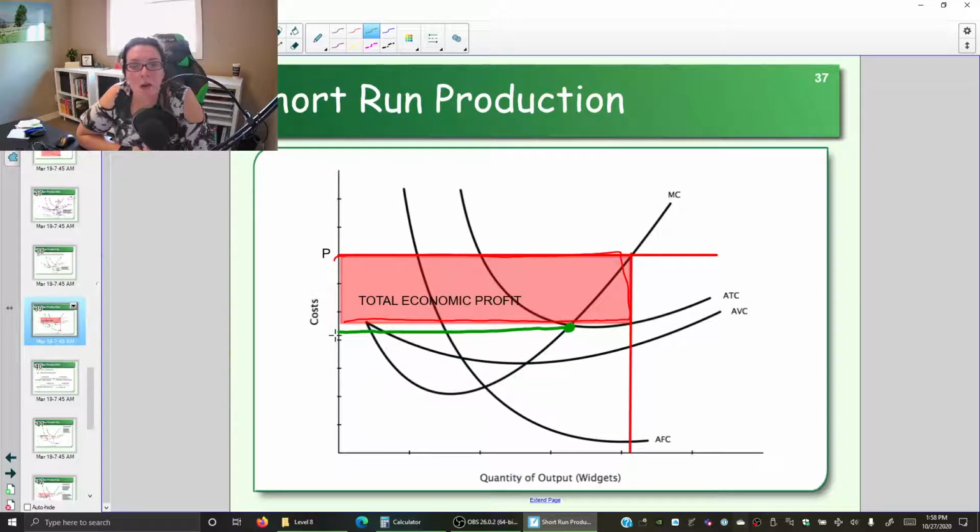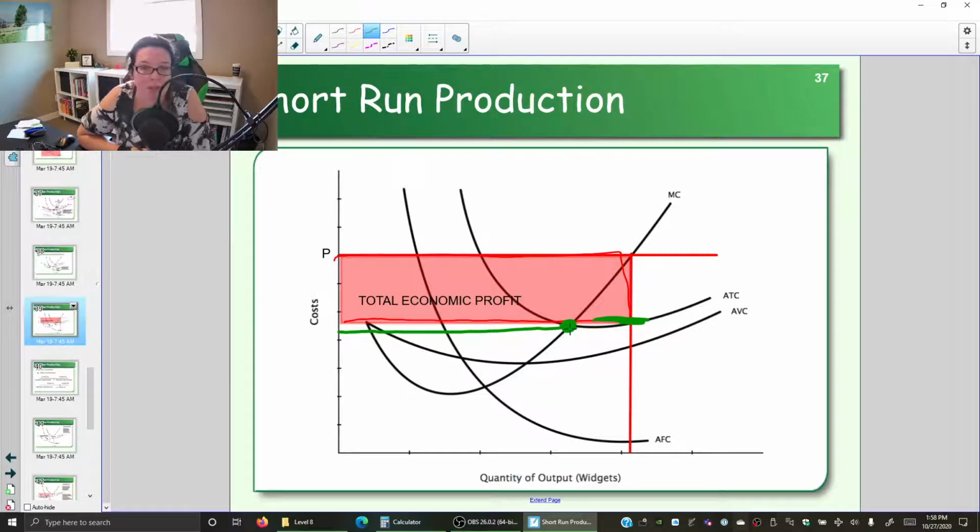So notice that when we're looking at this idea of economic profit, it's not simply that this price here is the break-even price. Notice they're actually different between here and here, and that's because as we change the quantity that we're producing, it does change the per unit cost. So that break-even price happens at the minimum average total cost.